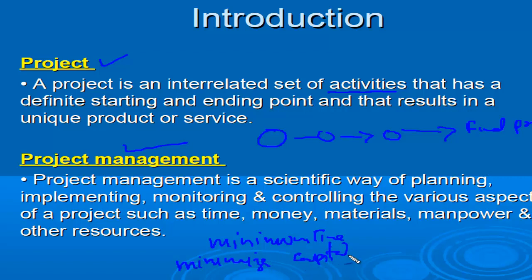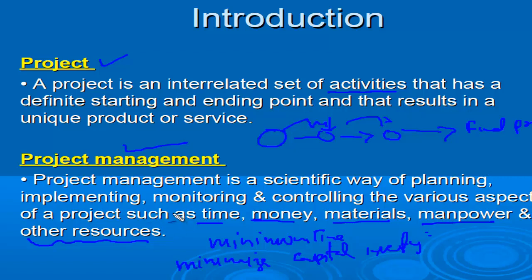Whatever you are investing, the investment can be in terms of money, it can be material, it can be manpower, and a lot of other resources. You have to schedule these steps in such a manner that we minimize the time, the cost, the money, the material usage, the manpower, and other resources, right?